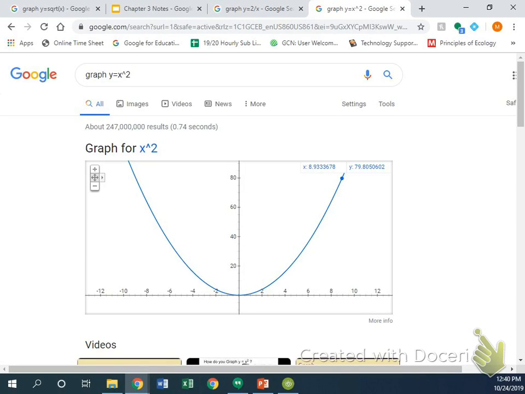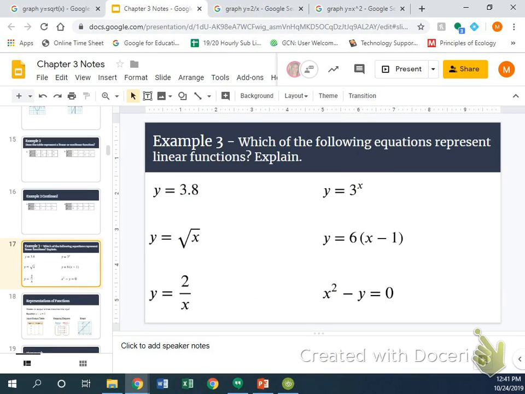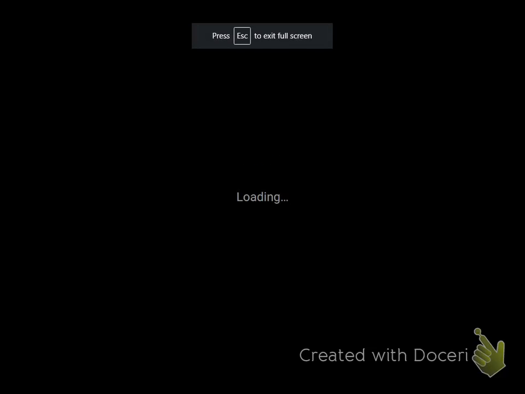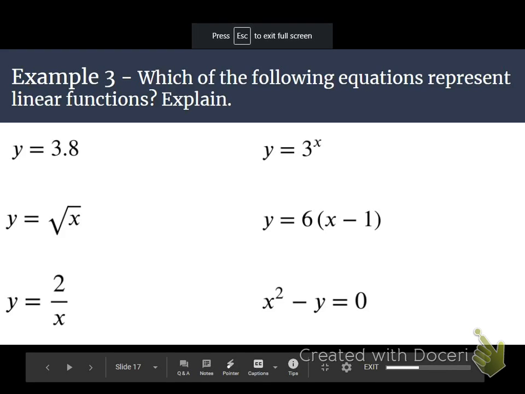Okay. So this graph is going to be nonlinear. Now, you might see in my search bar up here that I had to type it a little bit differently than how it's shown, but the x is still getting squared. So let's talk about this one.